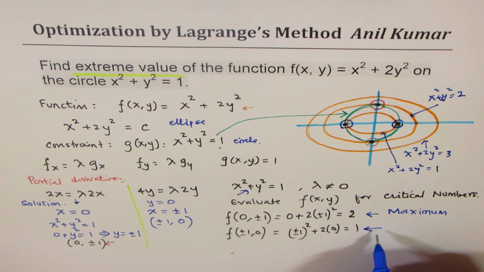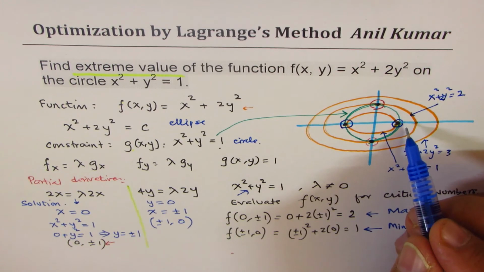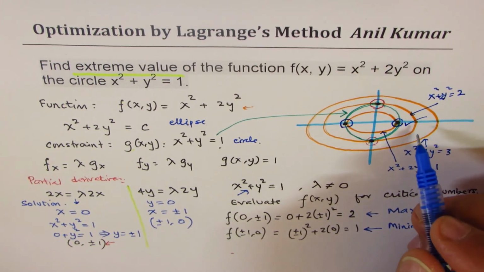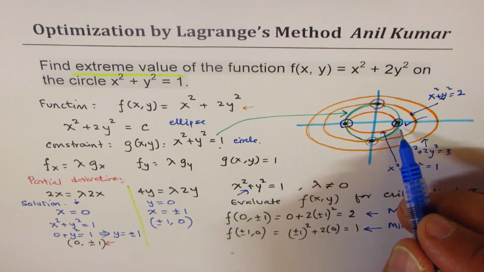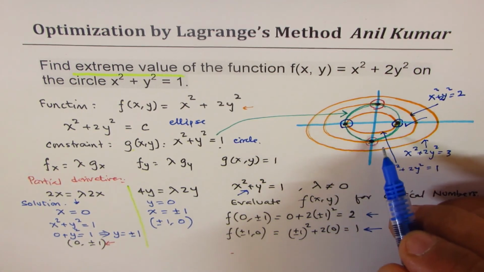So the maximum value and the minimum value can be found from the example, right? In this fashion. So that gives you the minimum value of the function where the normals are as shown here. So this is a surface. Don't treat it as xy.